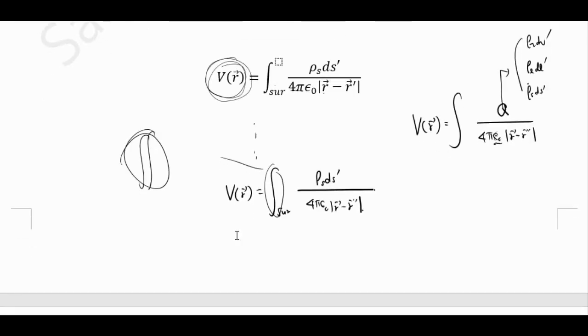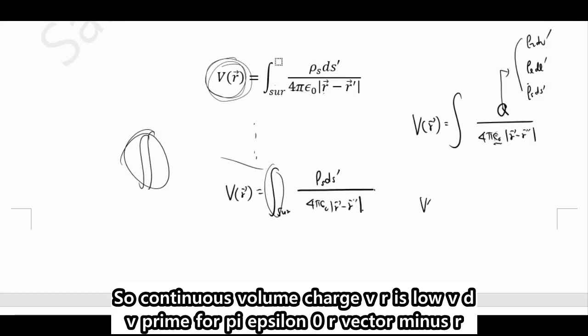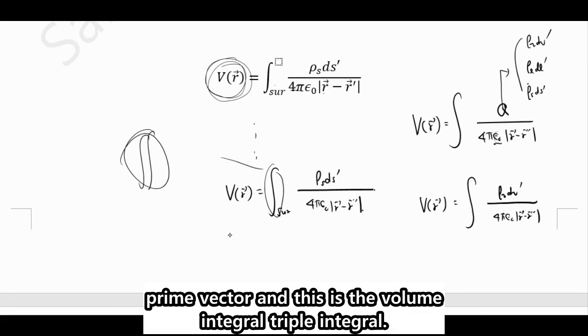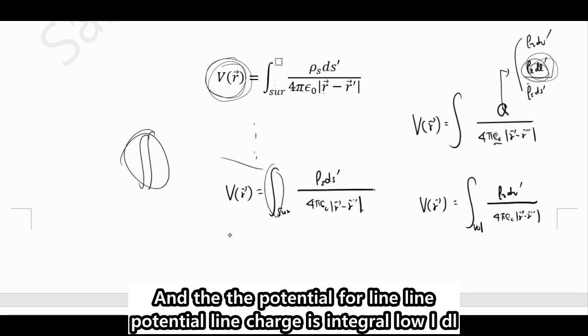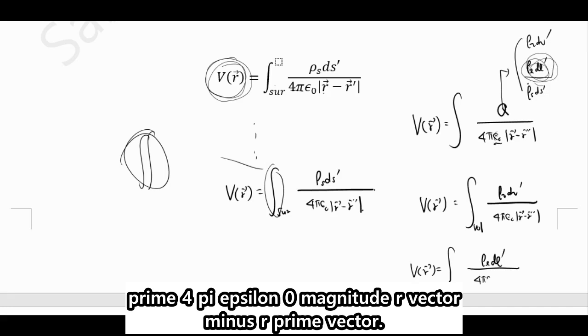So the potential for continuous volume charge is the integral of rho v dv prime over 4 pi epsilon 0 magnitude r vector minus r prime vector, and this is a volume integral, a triple integral. The potential for continuous line charge is the integral of rho l dl prime over 4 pi epsilon 0 magnitude r vector minus r prime vector.